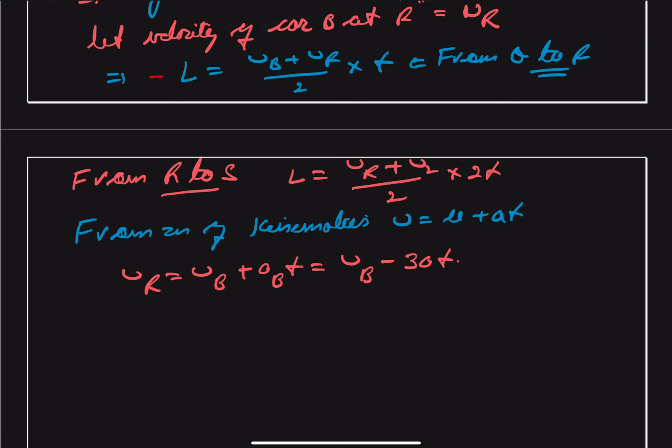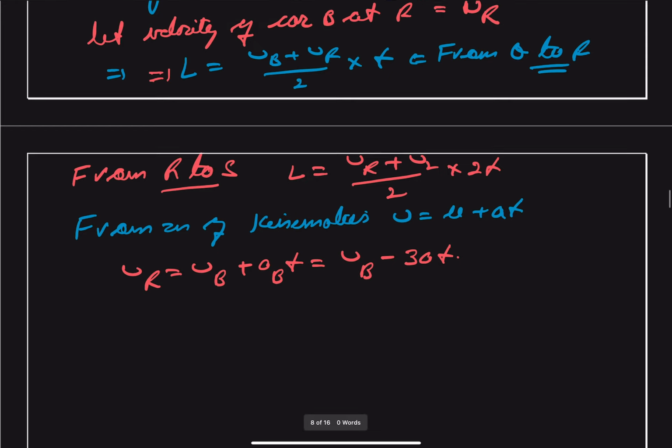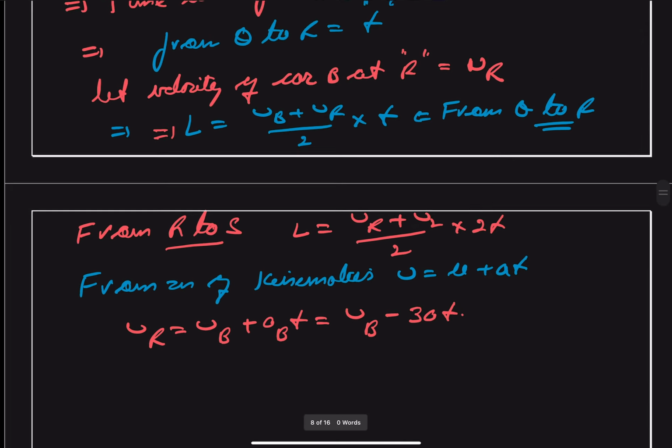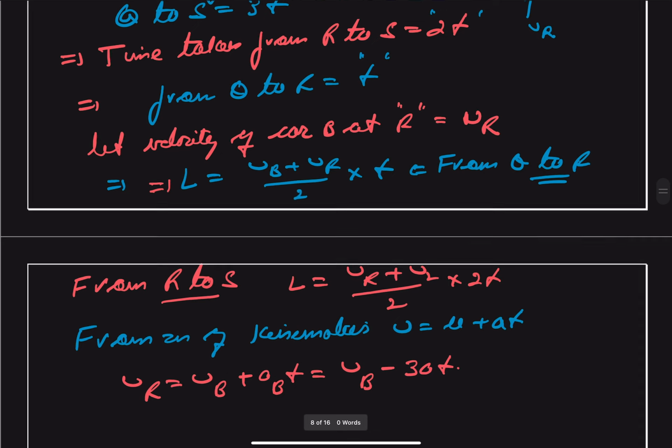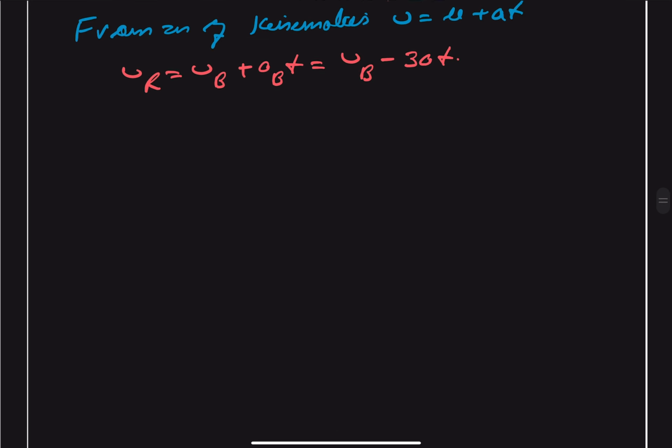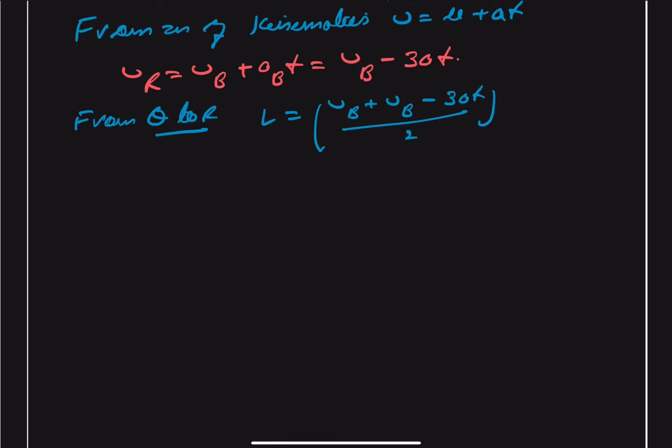So therefore we can write, for Q to R, then we take it for R to S. From Q to R, L is equal to, we substitute the value, we get (VB plus VB minus 3at) divided by 2 and multiplied by T. Let me solve it further.